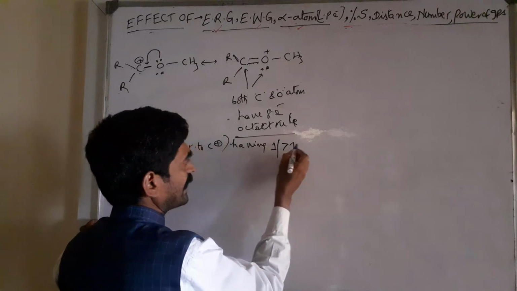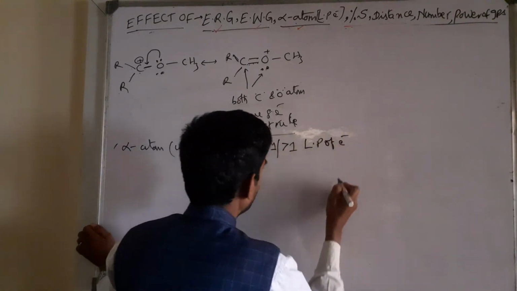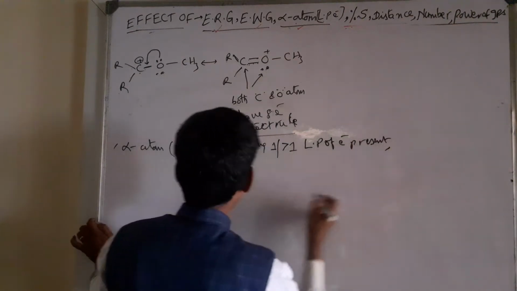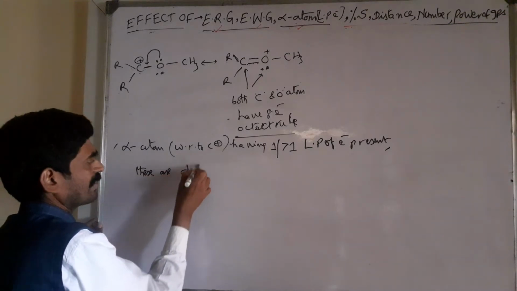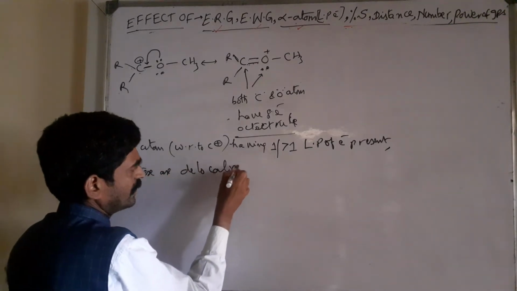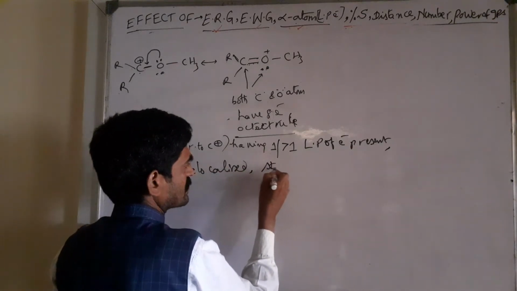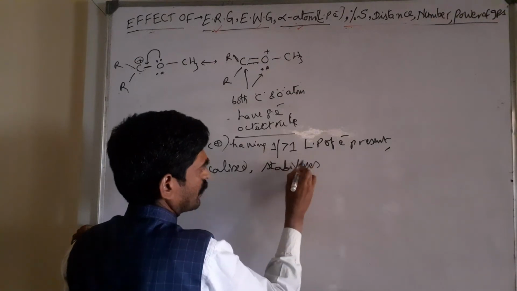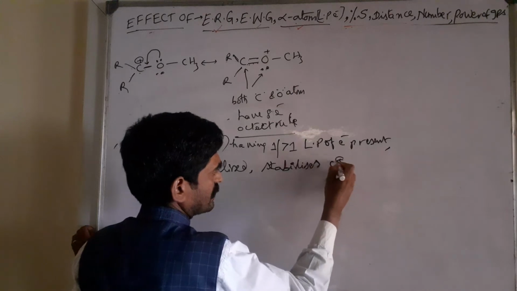One or more than one lone pair of electrons are present. These lone pairs are delocalized and stabilize the carbocation, right?